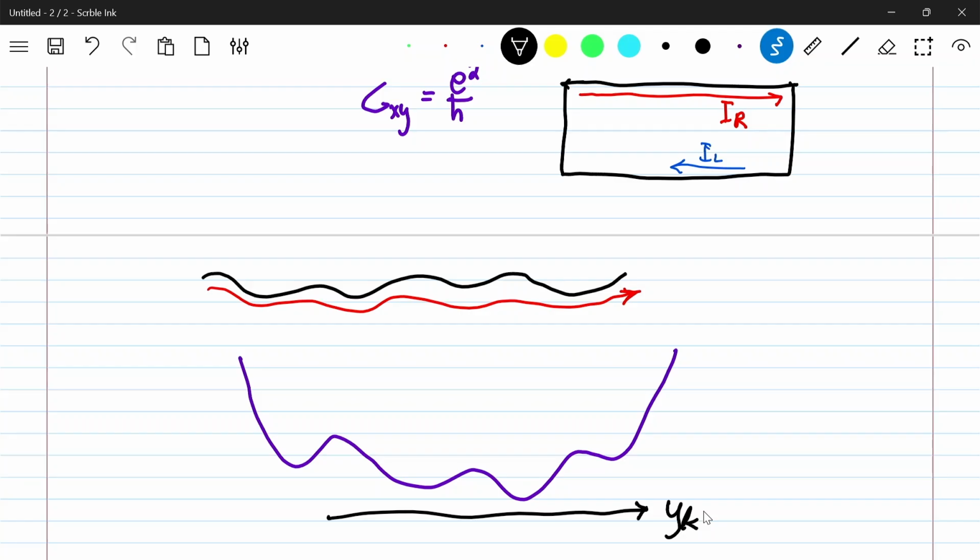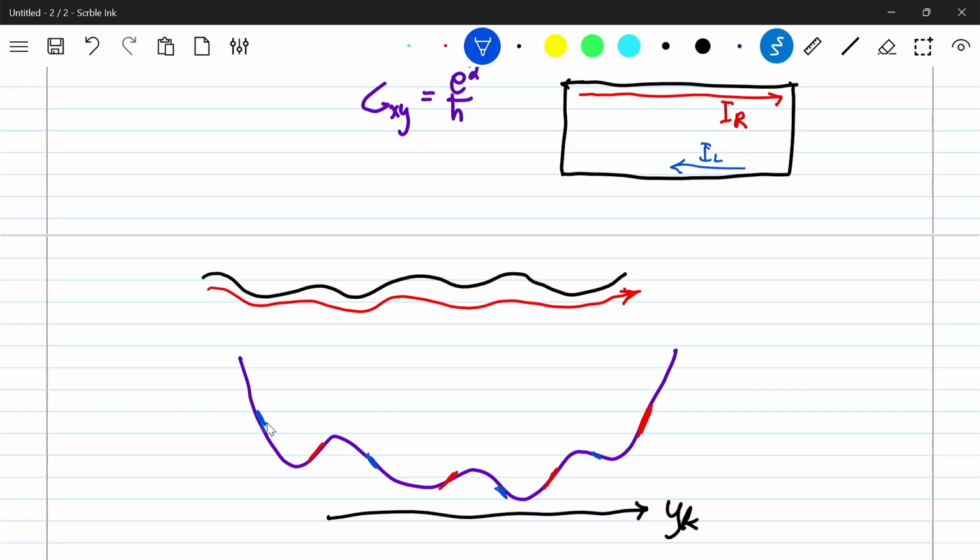But then you can say, oh, but I do have current in the bulk, because I have some right movers here, and here, and here. I have positive slope all over, and I also have some left movers, right? Okay, now what will be my net current?